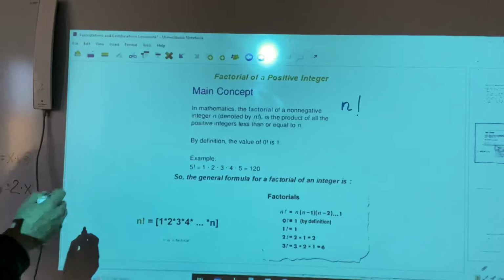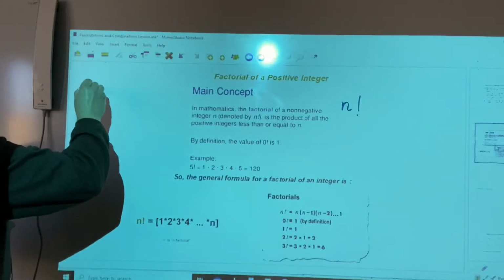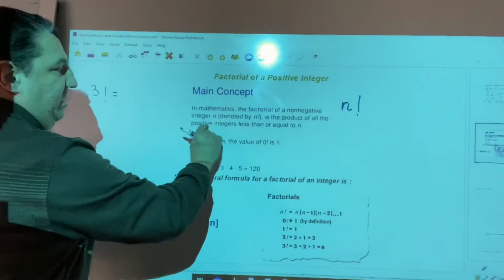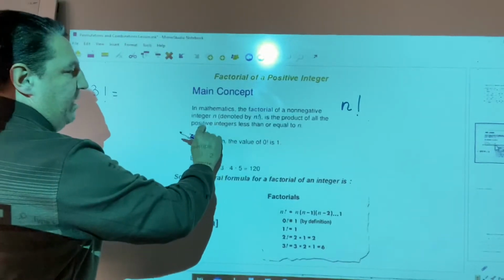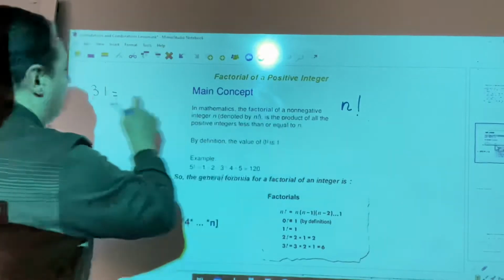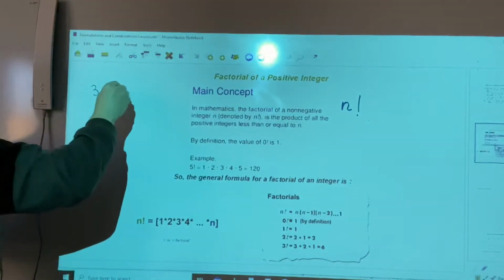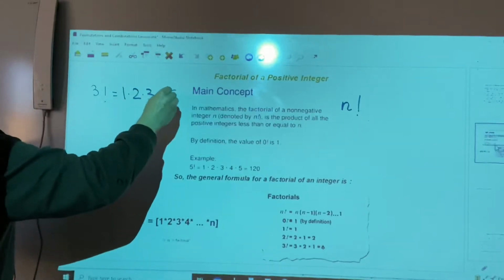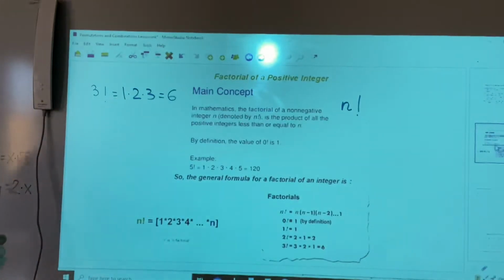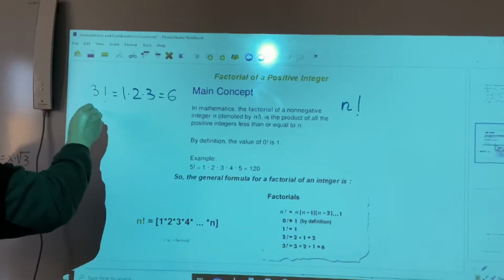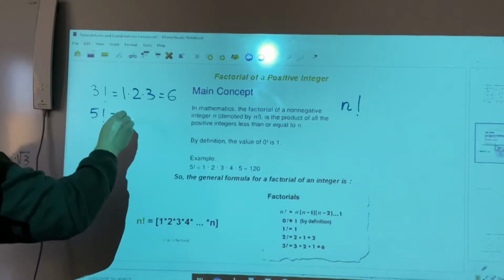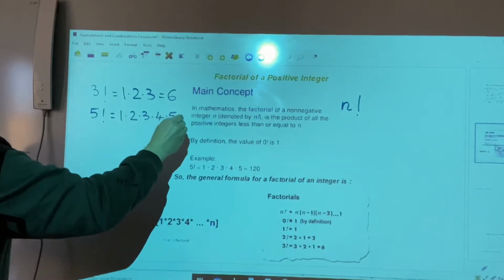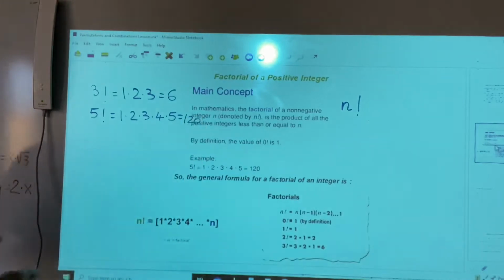For example, 3 factorial is the product of all positive integers less than or equal to 3. So you're going to have 1 times 2 times 3, which is 6. For 5, for example, it is 1 times 2 times 3 times 4 times 5, which is 120.